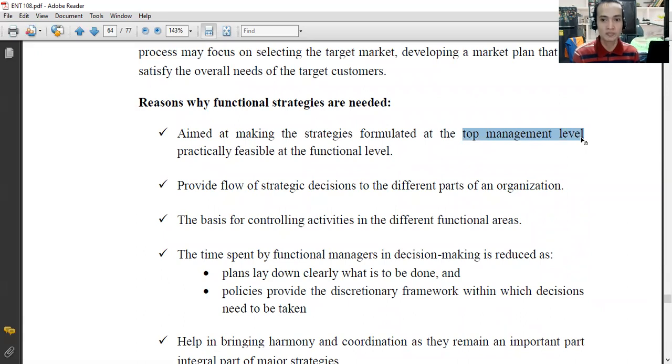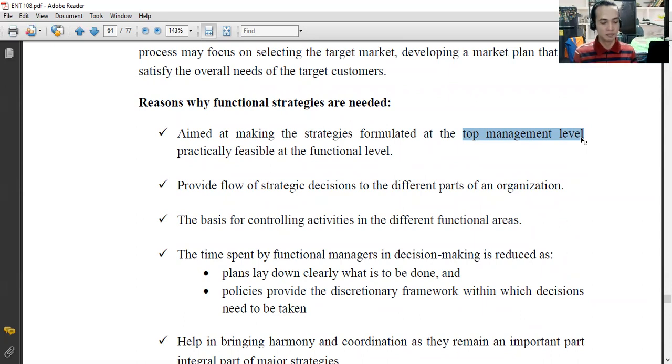In other words, these formulated strategies crafted by top-level management should be segregated, practical, and applicable to a specific business function in order for that business unit to implement the necessary strategies intended for them.